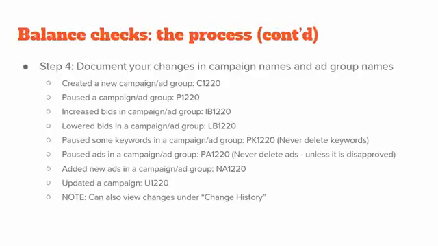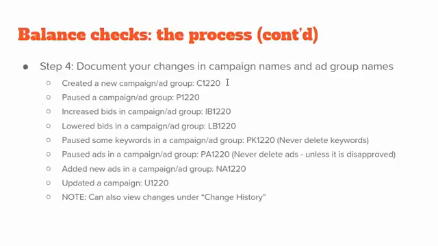Now, step 4 for balance checks is to document all your changes in campaign names and ad group names. So I have some abbreviations to document campaign changes. For example, if a campaign or ad group was created on December 20th, I will use C1220 to represent that. Now, most likely you do not have to put the year in the campaign name or ad group name.